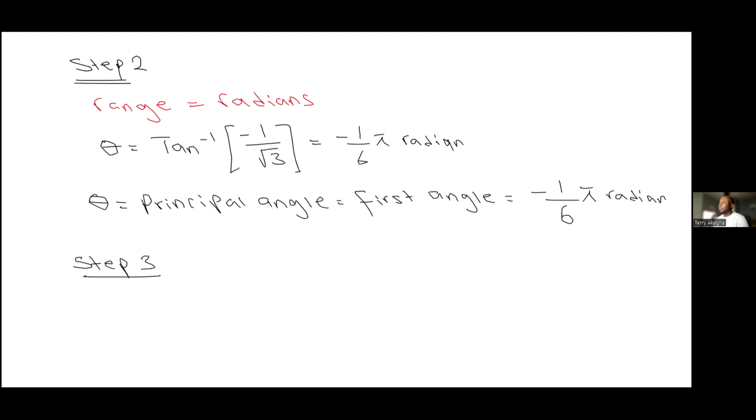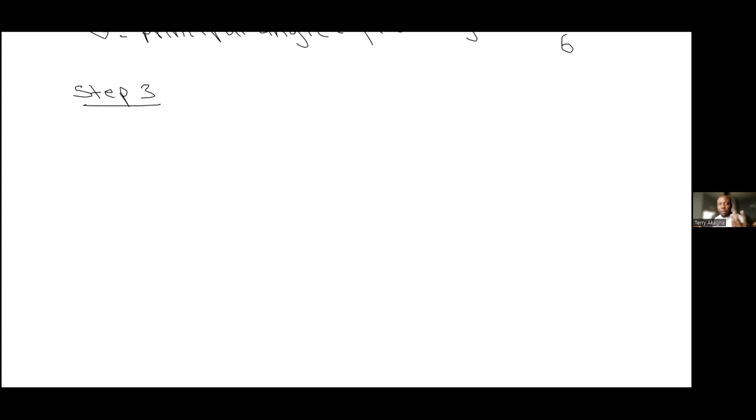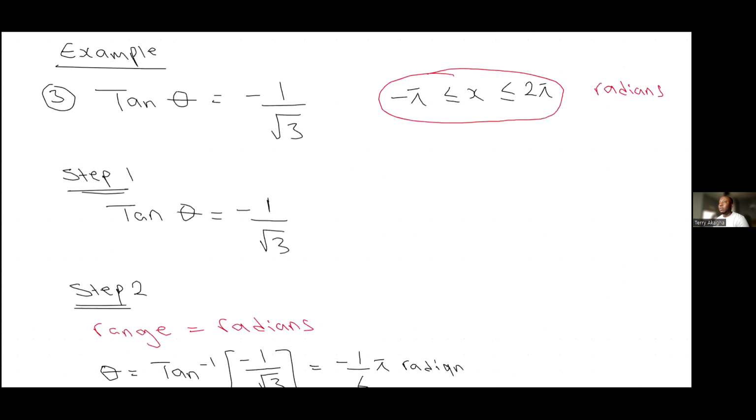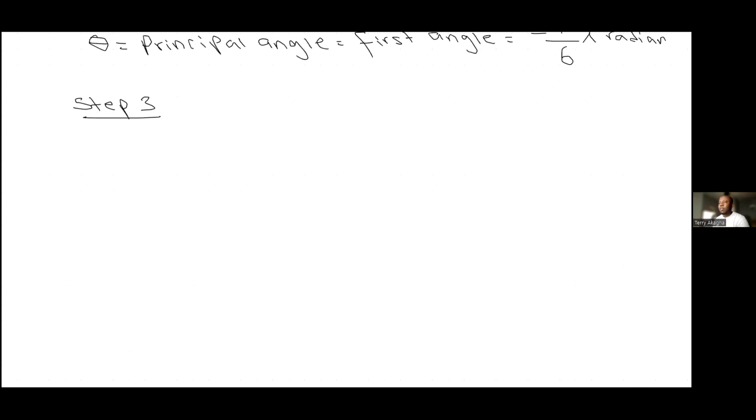Similarly, we need to find the first angle, find the second angle, and stuff like that. I think we are big boys and girls now, so we don't need to go through the steps. We can just go straight and have a look at it. For this question, we are looking at the range between minus pi and 2 pi. We know the first angle.